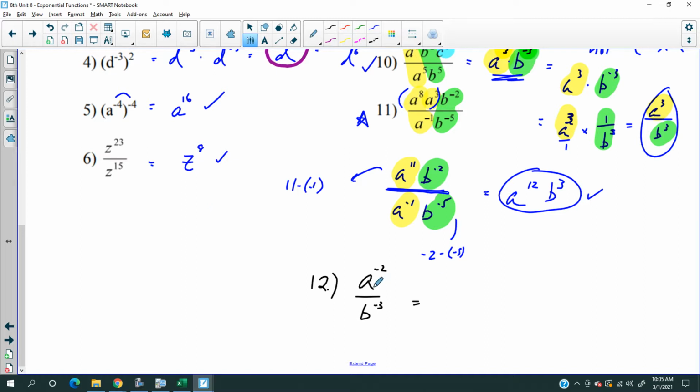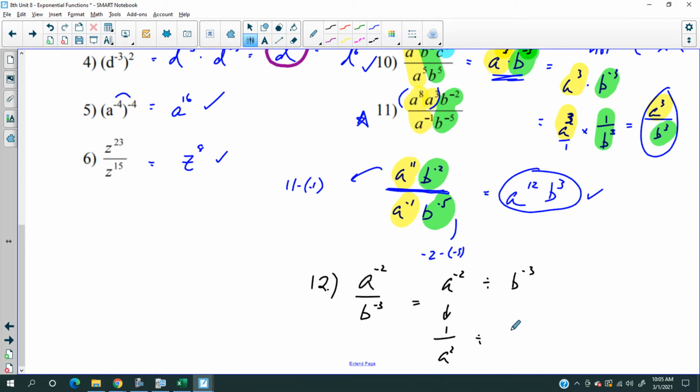Okay, so you see how here I've got this? Let me split this up for you, and then I'll tell you what the trick is. One way is I could turn this into what it's supposed to be. I see the negative sign here, so I do 1 over a to the second power, and then I divide it by b to the negative 3 power.